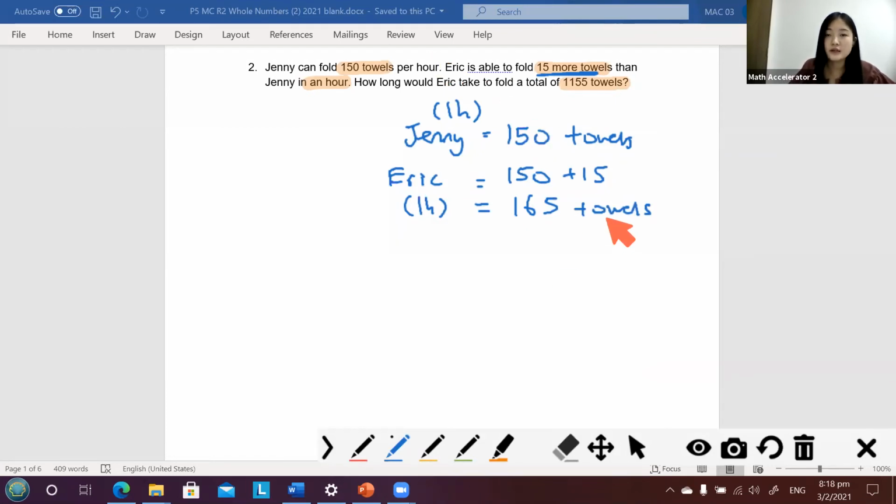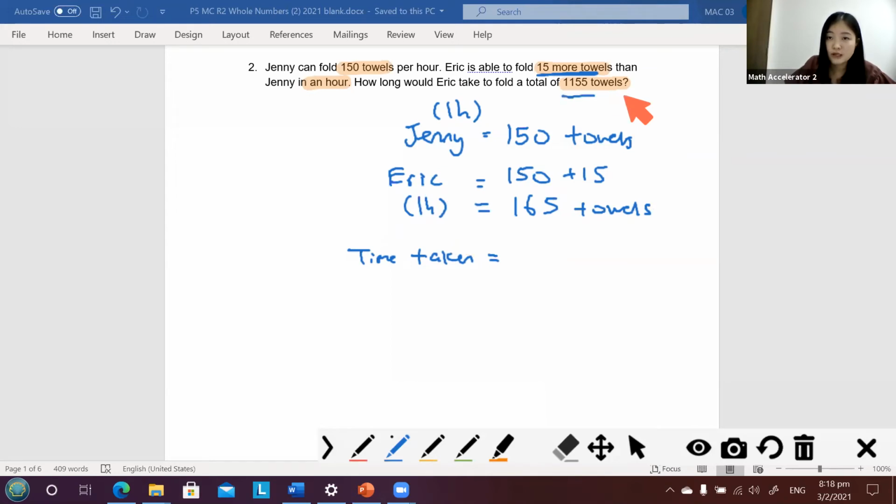So how long will it take for him to have a total of 1155 towels? So you need to find the time taken, correct? Okay, so how you find the time taken? Each hour, 1 hour is 165 towels.